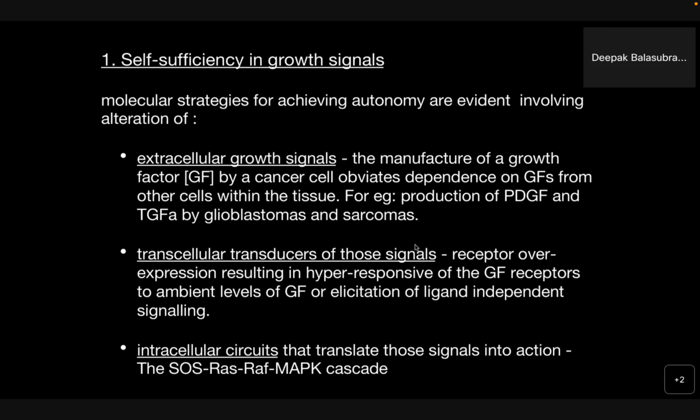And there's also an increase in the intracellular circuits that translate these signals into action. And one of them is the RAS-RAF MAPK cascade. So you either have increased growth factors by the tumor, or you have increased expression of the receptors and the middleman, that is the transcellular ligand. And then you have intrinsic overexpression of the intracellular circuits.